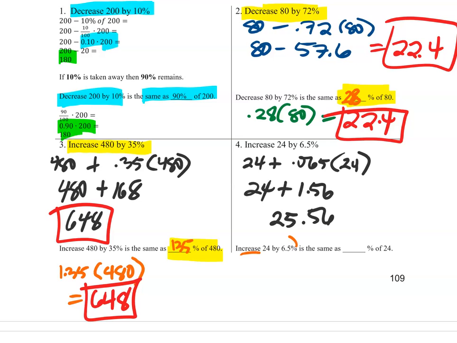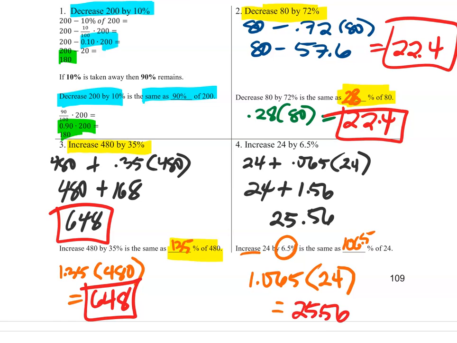And like what we did earlier, increase 24 by 6.5% is the same as, for the word increase, 6.5%, we add 100%. So that is 106.5% of 24. And if we try that, if we move the decimal 2 places to the left, that is 1.065 times 24. 1.065 times 24 is also equal to 25.56.